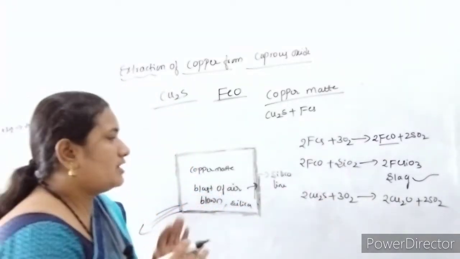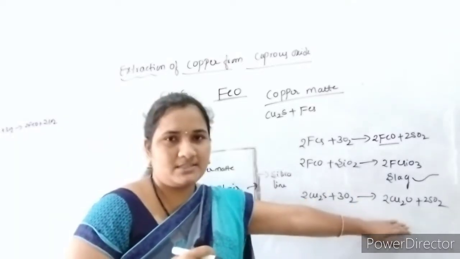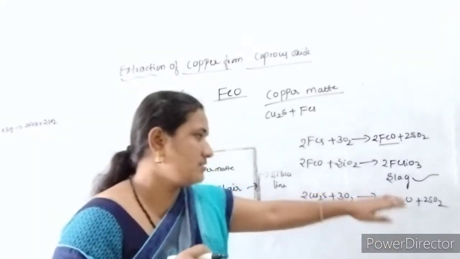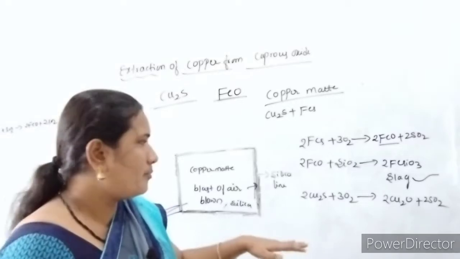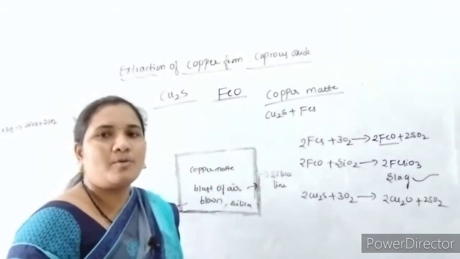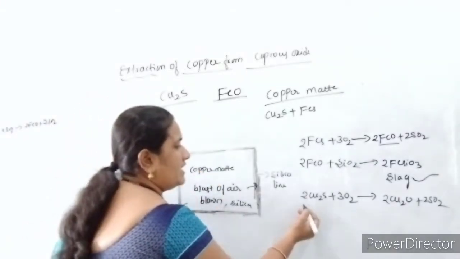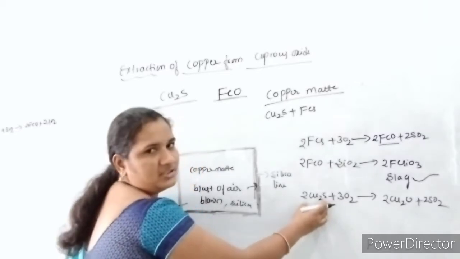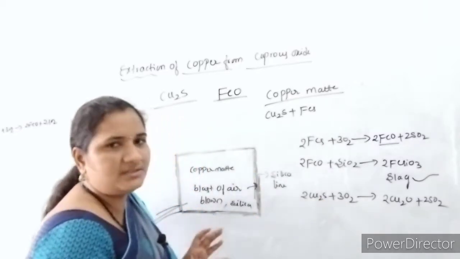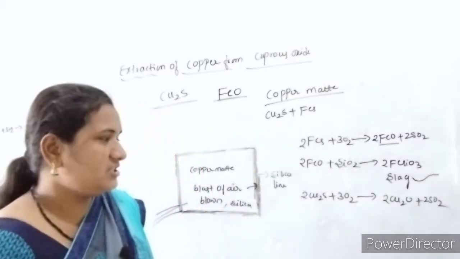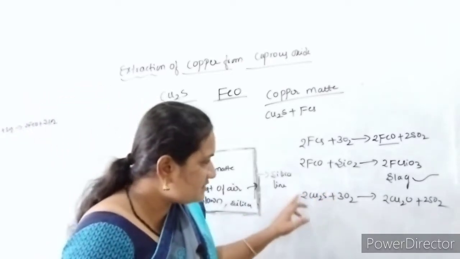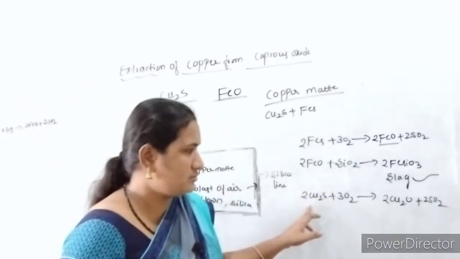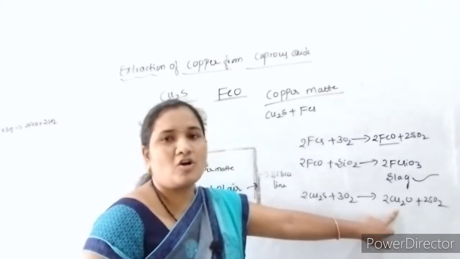So see here, this cuprous oxide is going to react with the remaining copper sulfide which is present in the copper matte. If I am taking 100 kg of copper sulfide in the copper matte, only 50% of the copper sulfide should undergo oxidation into copper oxide.